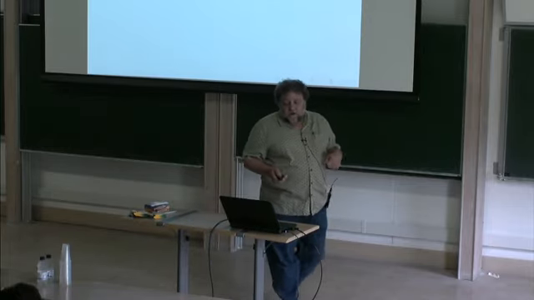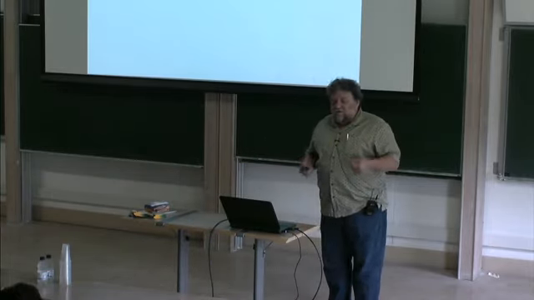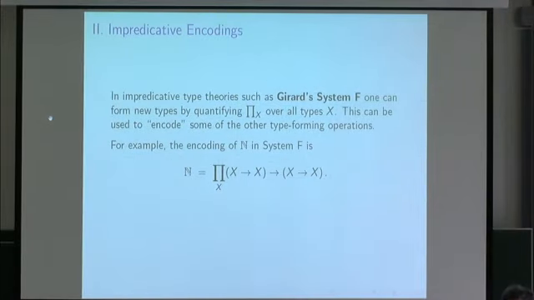For example, in System F you don't have a primitive type of natural numbers. You do have function types and products, but you encode the natural numbers by this surprising-looking construction involving quantifying over all the types. And many other inductive types, lists and sums and all kinds of other W-types, can be encoded in a similar way.